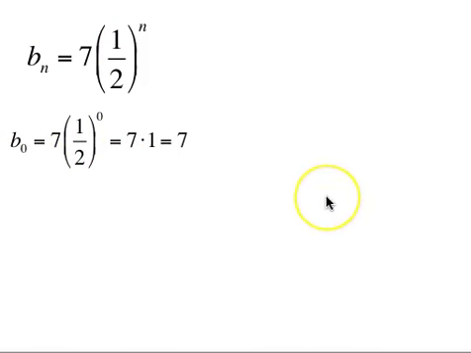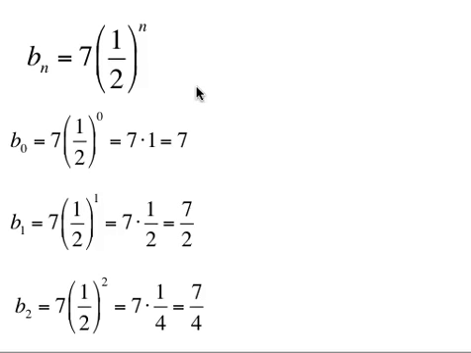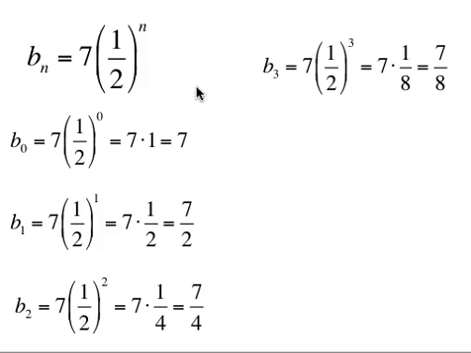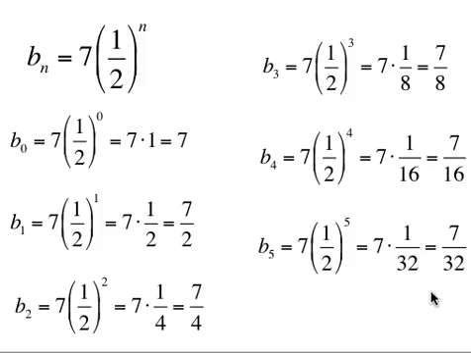So b sub 0 is 7. b sub 1, now n is 1. 7 times a half to the first is 7 halves. n is 2, 7 times a half squared. 7 times a quarter, 7 quarters. b sub 3, 7 times a half to the third. 7 times an eighth, 7 eighths. b sub 4, plugging 4 in for n, 7 times a half to the fourth, 7 times the 16th, 7 sixteenths. And b sub 5, 7 times a half to the fifth, 7 times 1 over 32, 7 32nds.